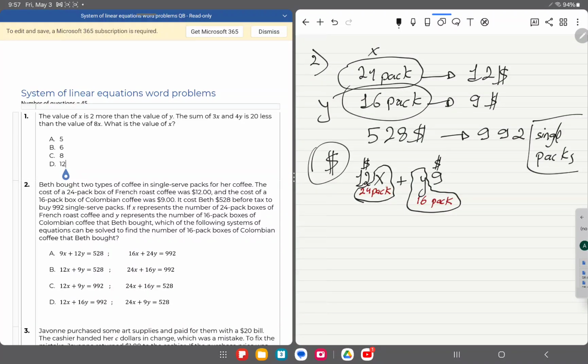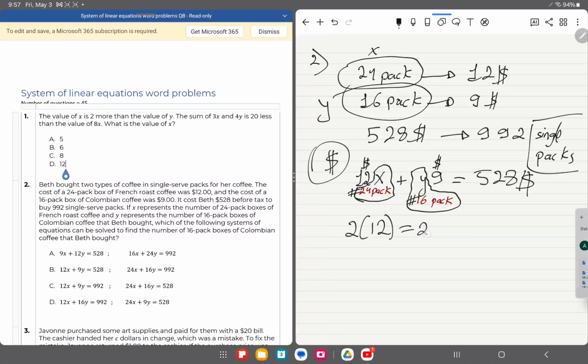So $12 times the number of 24 packs and 9 times the number of 16 packs. So I'm going to get $528. So I'm being consistent. If you got 2 24 packs, that's 2 times 12, that's $24. And if you got 2 16 packs, that's 2 times 9, which is $18.